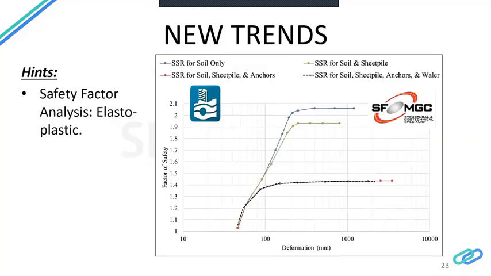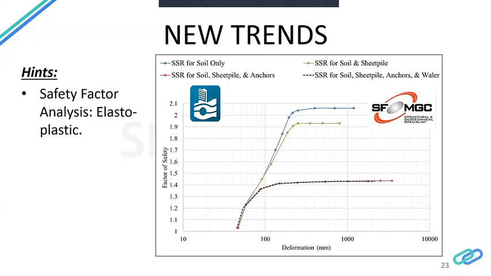Another crucial aspect when dealing with safety analysis in the finite element method is that you can get the factor of safety from the finite element analysis. But you have to consider the elastoplastic materials of all the structural elements involved.